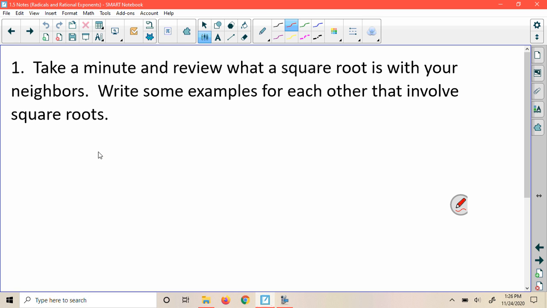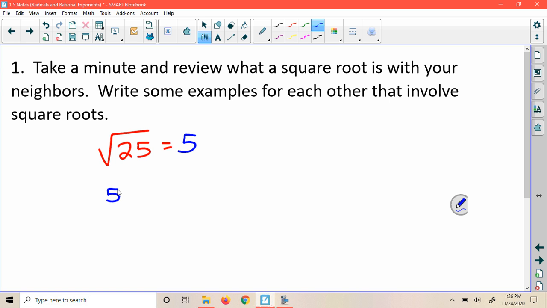Most of you probably remember that's the square root symbol. And a lot of you, I'm sure, remember that when we take the square root of something, it's just the opposite of squaring something. So you think of a number that when you square it equals 25, which is 5.